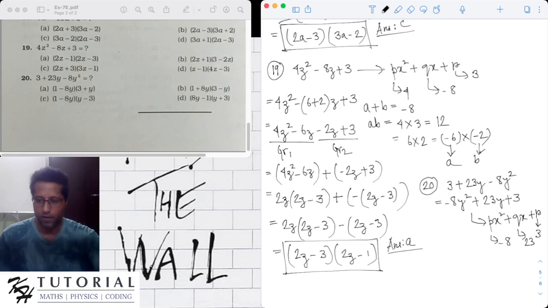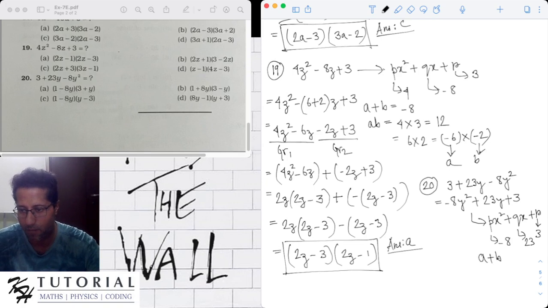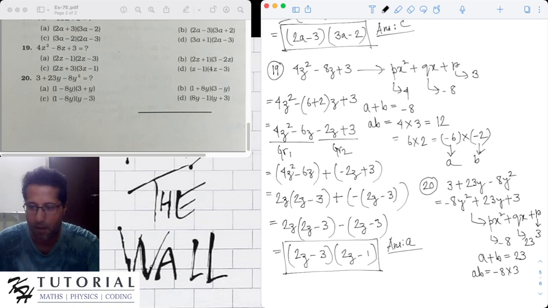So we have to now find the values a and b such that a plus b will be equal to q, that is 23, and a multiplied by b will be equal to p into r, that is minus 8 into 3, that is minus 24. Now how can we find a and b?